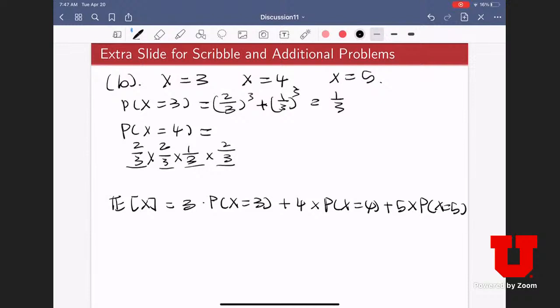This is just one of the possibilities. So you need to do 3 choose 2 times 2/3 cubed times 1/3. All right, and that's only for the team that has a probability of 2/3.